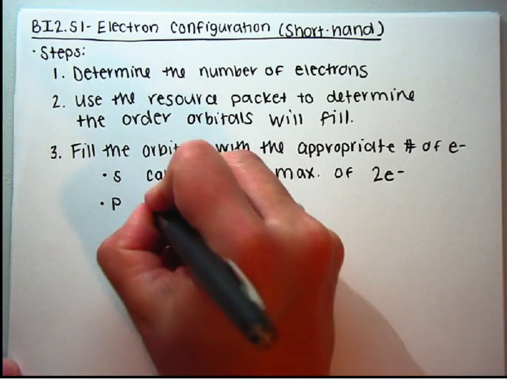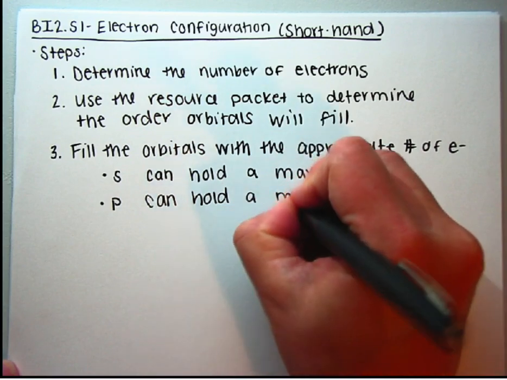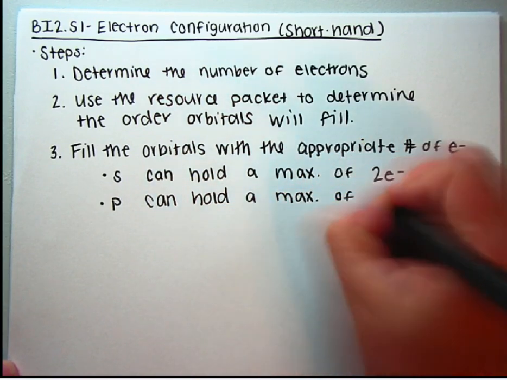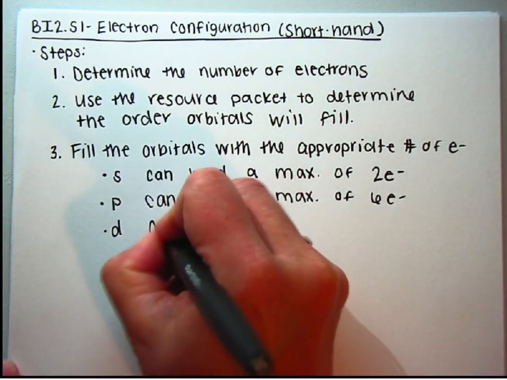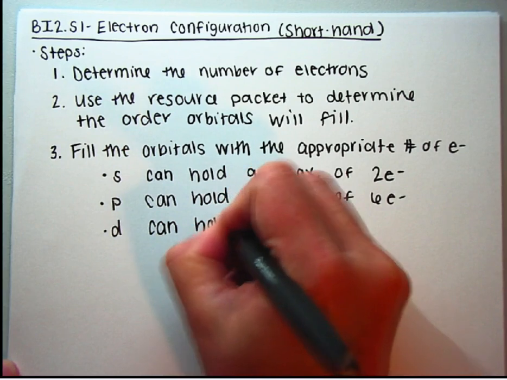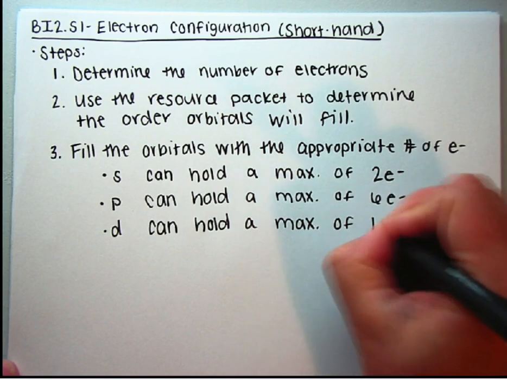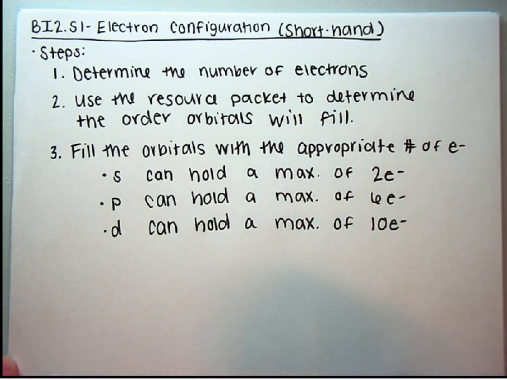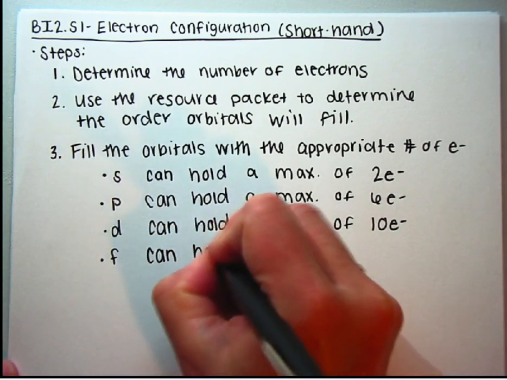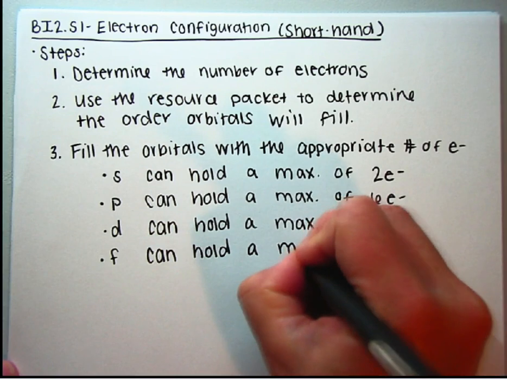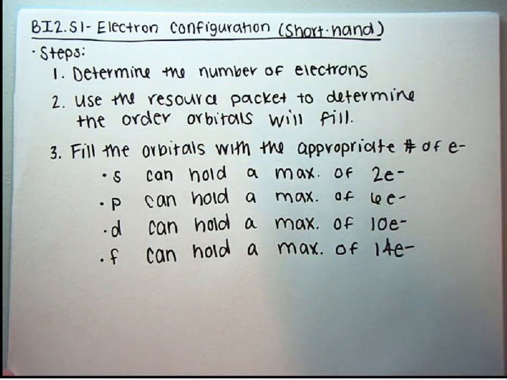Once you get to a p orbital, p can hold a maximum of 6 electrons. D can hold a maximum of 10 electrons, and F can hold a maximum of 14 electrons.